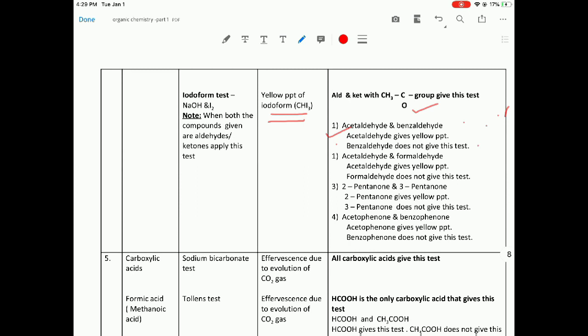Benzaldehyde will not give this test. Acetaldehyde and formaldehyde. Acetaldehyde will give this test, but formaldehyde, which is HCHO, will not give a positive response. In case of 2-pentanone and 3-pentanone, 2-pentanone will give a positive test. And in case of acetophenone, where we have the group CH3CO, it will give a yellow PPT, but benzophenone will not answer to this test.